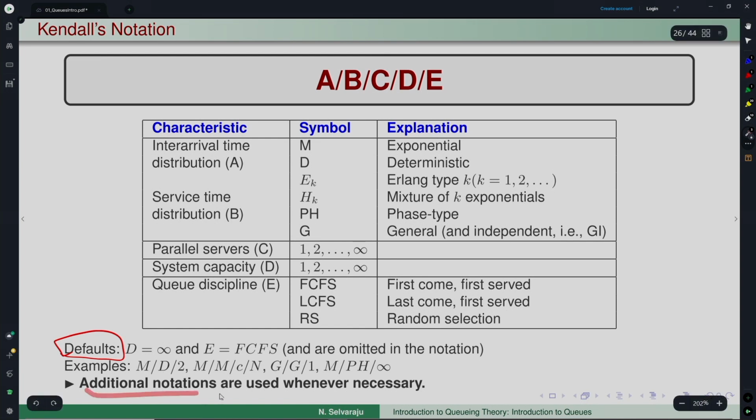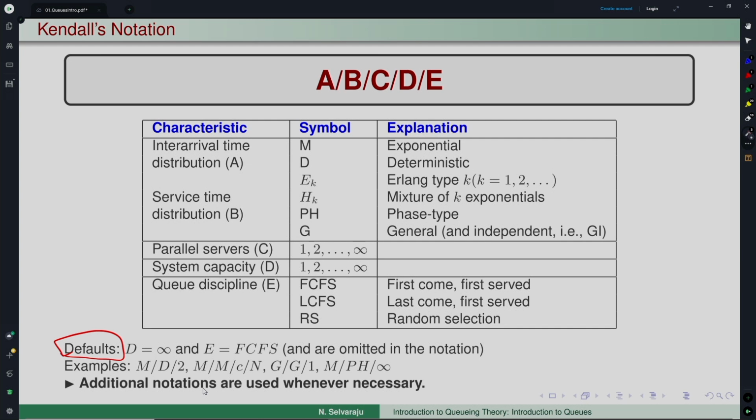Everyone will understand these 5 points only. Additional notation is sometimes used if it is common within that domain or community, but it may be better to describe it explicitly, at least when you start. So additional notations are used whenever necessary, but they may not be uniform or commonly accepted.